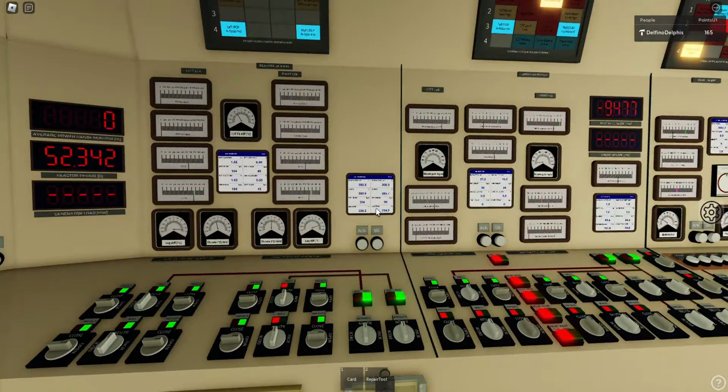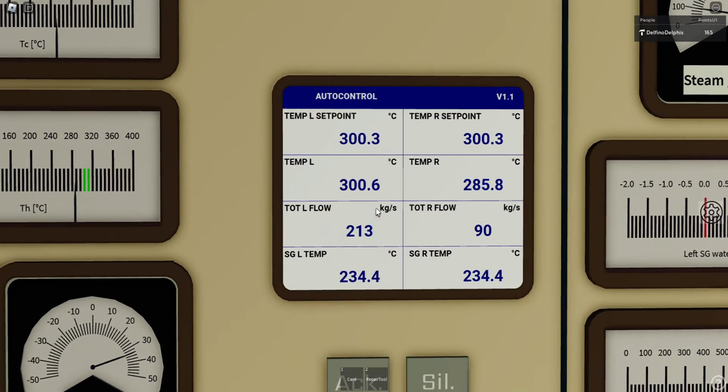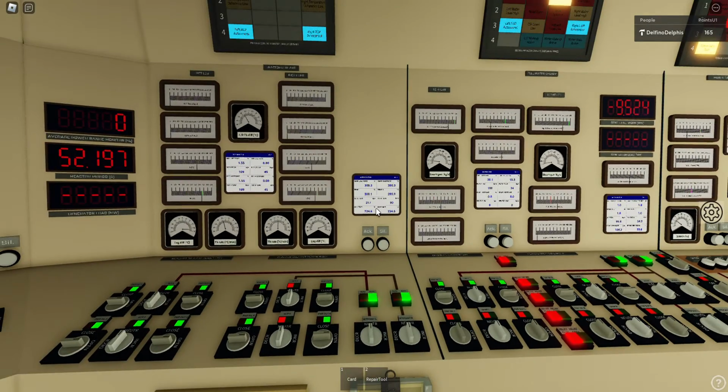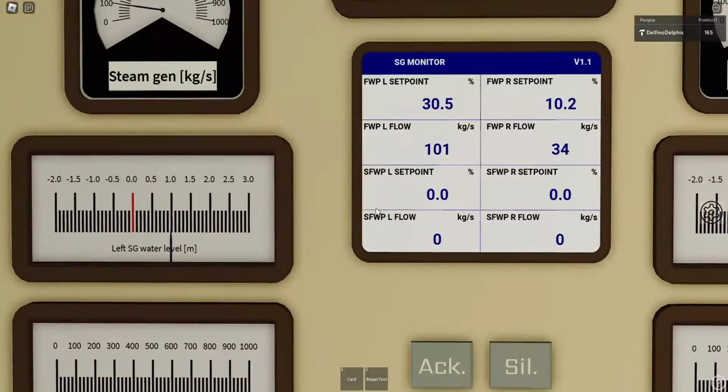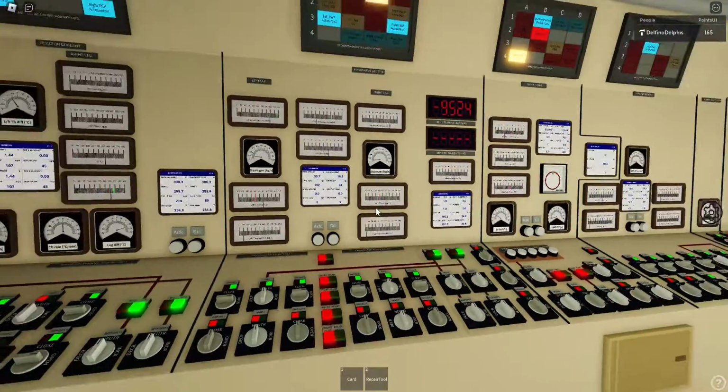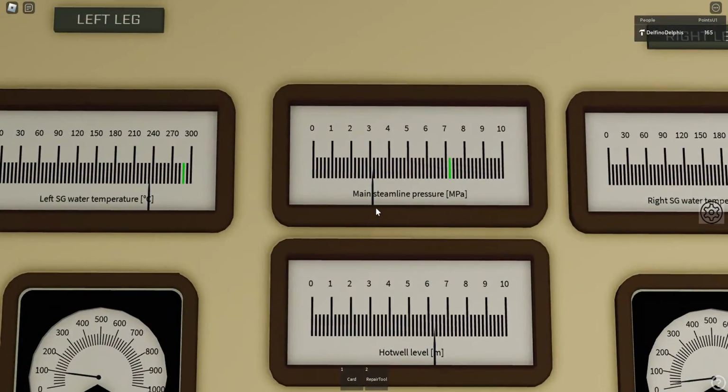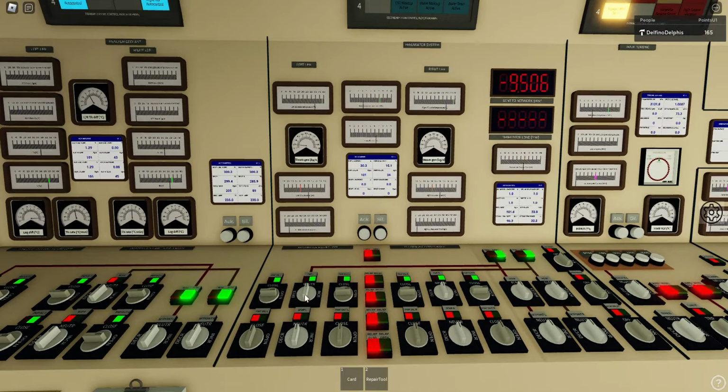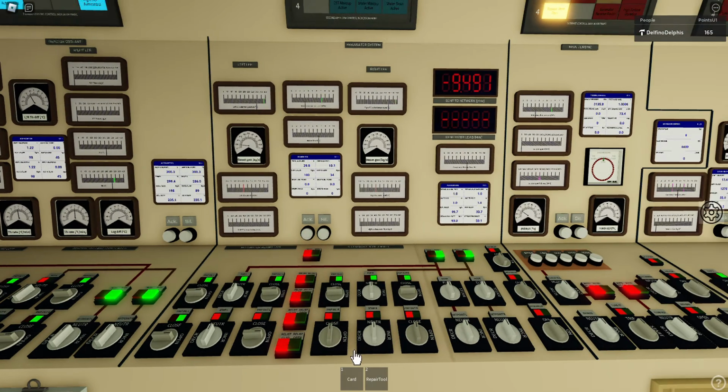Okay, let me check everything. 300 degrees in the left leg. That's okay. Water level is fine. There is some pressure already. If we want, we can start using the steam-driven pumps.